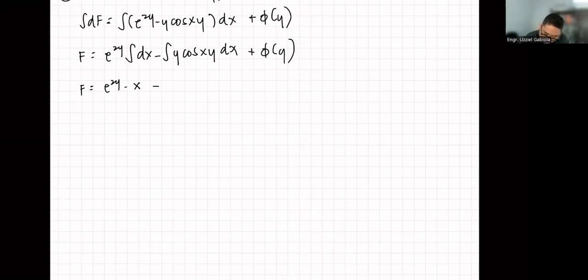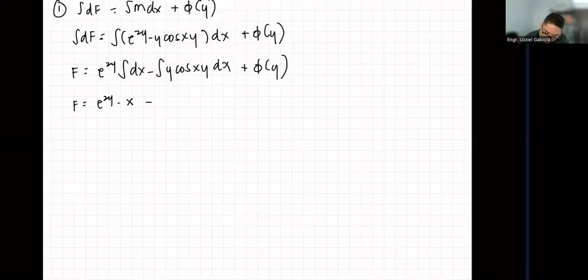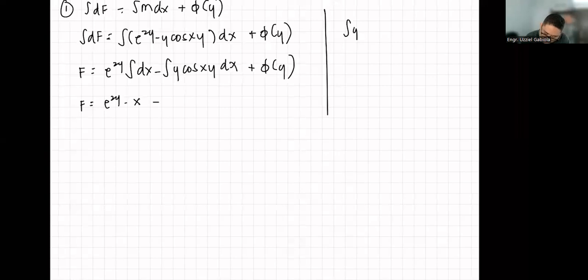Ito, meron tayong integration of y cosine xy dx. Okay? So, kung meron tayo halimbawang cosine u, okay, let natin na u is equals to xy. Okay? Ano ang du niyan? That is, in terms tayo ni x, so treated as constant si y.